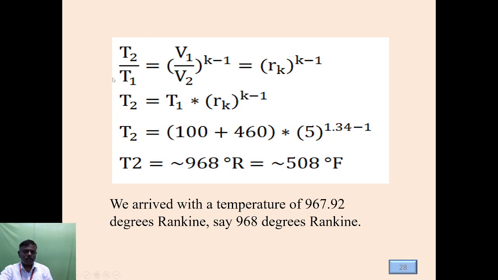This is the relation for that particular process. T2 by T1 equal to V1 by V2 power k minus 1. We know V1 by V2 is the compression ratio. So instead of V1 by V2, we put r_k power k minus 1. From that, T2 equal to T1 times r_k power k minus 1.